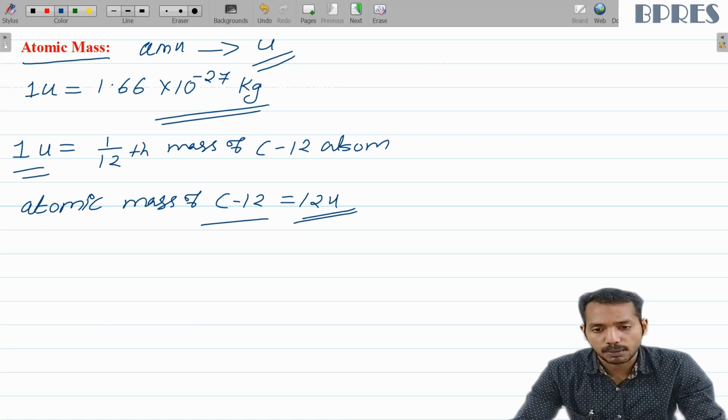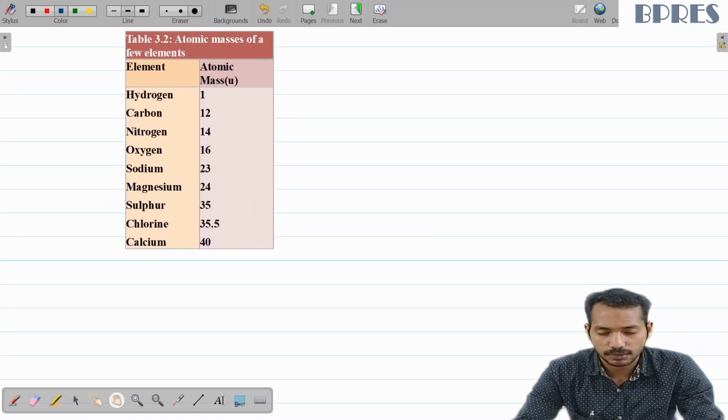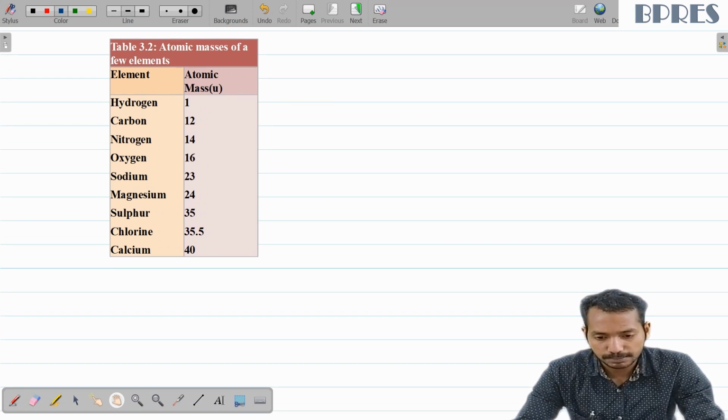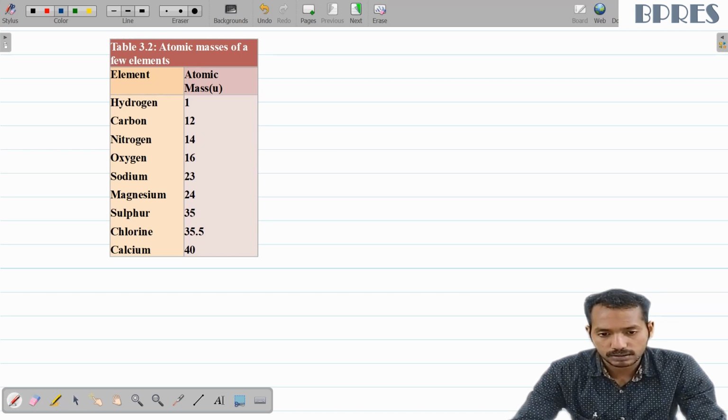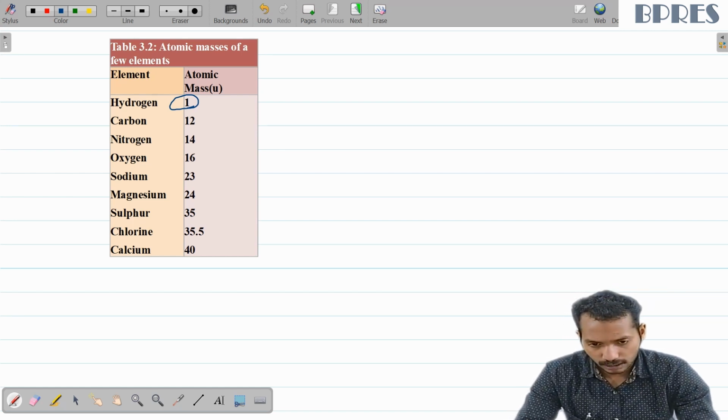Let's see table 3.2 for the atomic masses of some elements. The atomic mass of hydrogen is actually 1 u. It is the lightest element in the world. Then carbon is 12, nitrogen is 14, oxygen is 16, sodium is 23, magnesium is 24, sulfur is 32, chlorine is 35.5, calcium is 40.